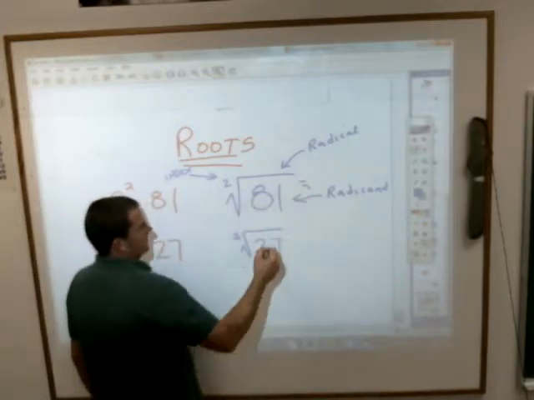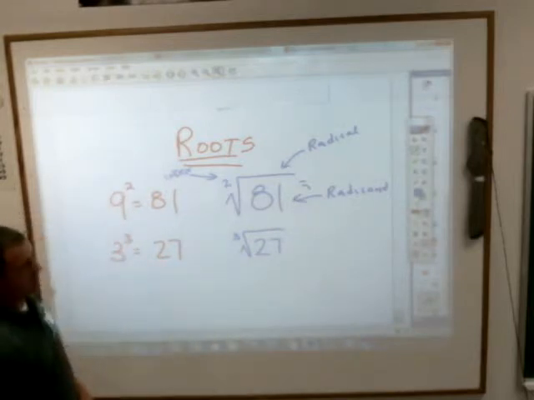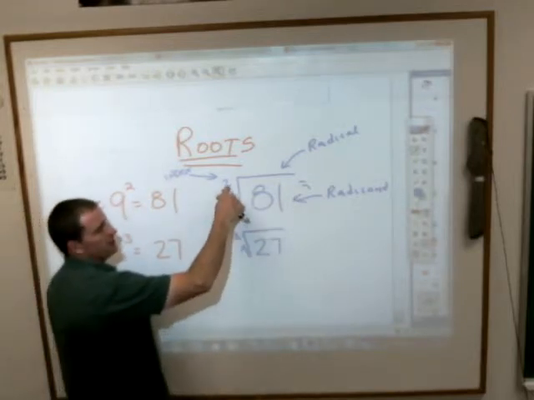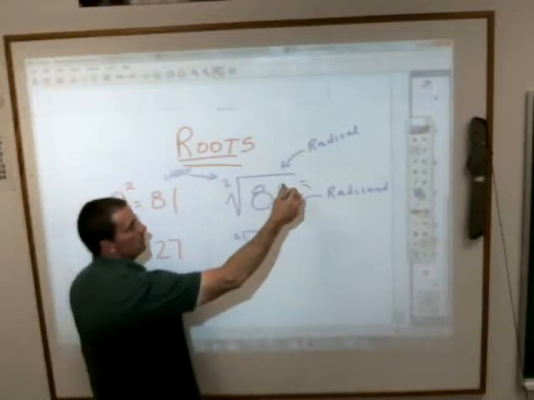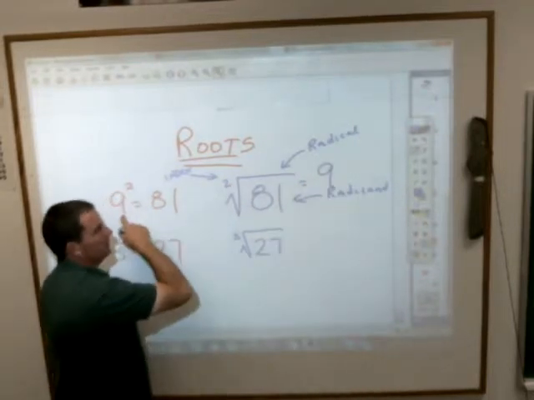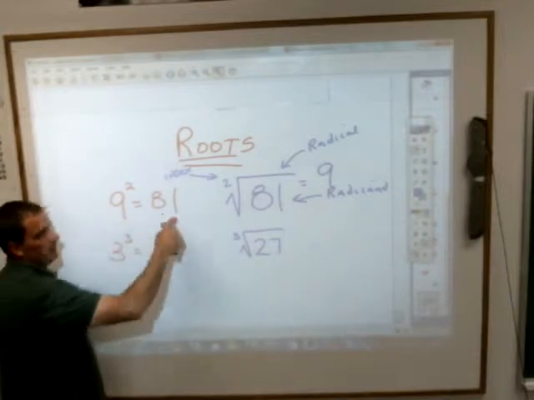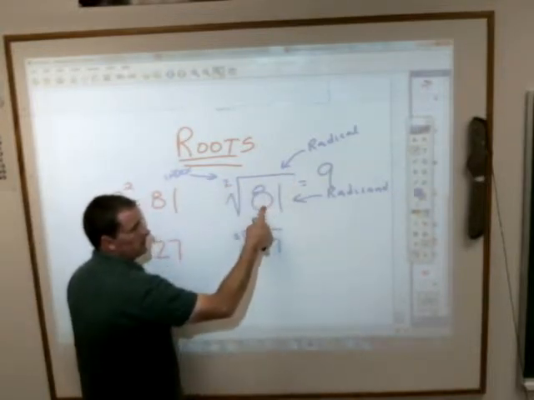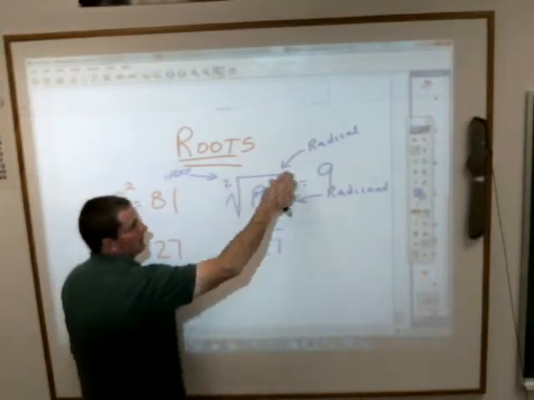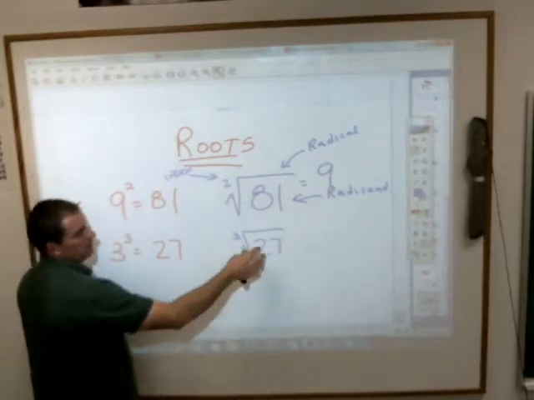And this is, like I said, backwards of exponents and powers. What number times itself 2 times will give you 81? That's where the 9 comes from. 9 squared is 81. The square root of 81 is 9. Same thing here.